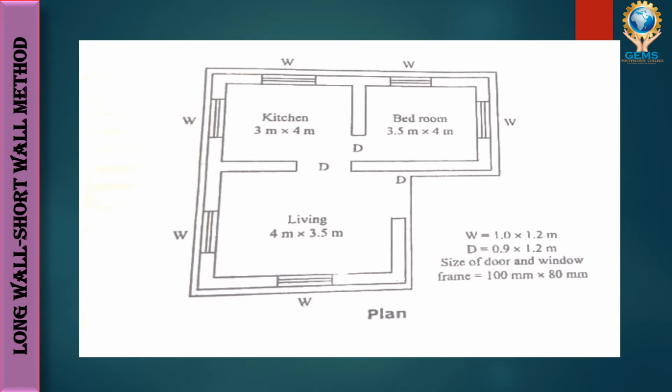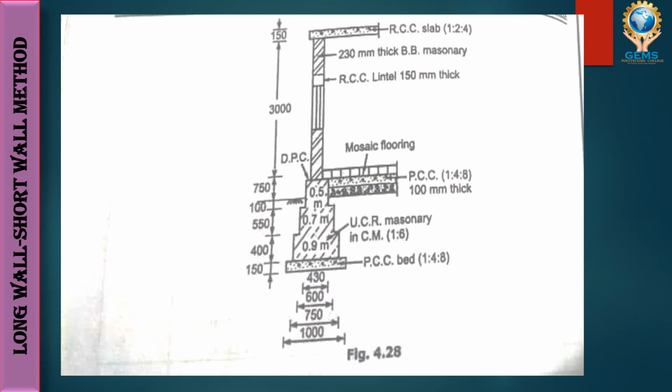So these are the dimensions given. This is a section of our building, with BB masonry and RCC slab for mosaic flooring. For everything, the dimensions are clearly given using the sections.